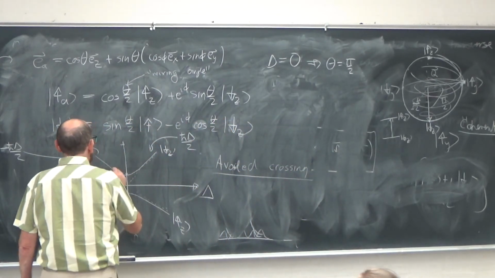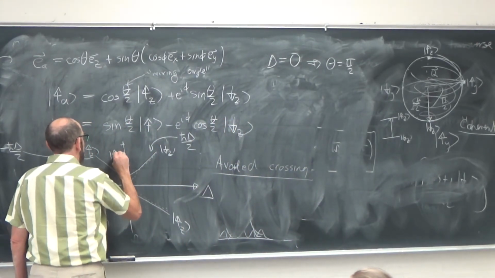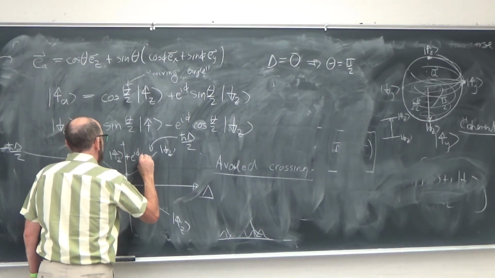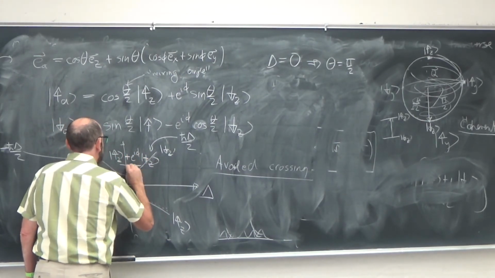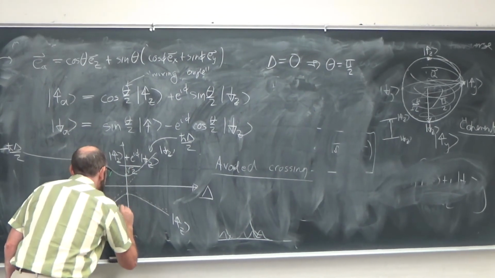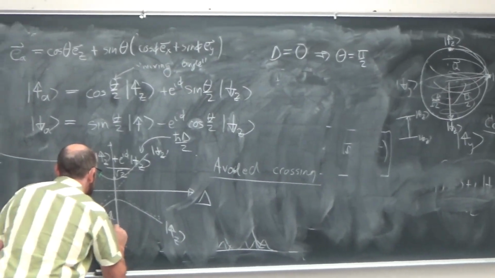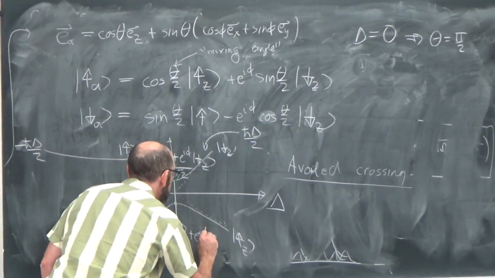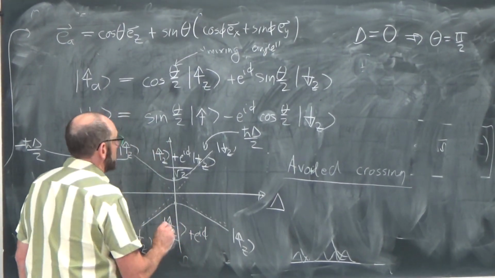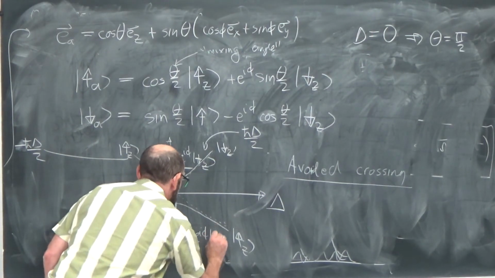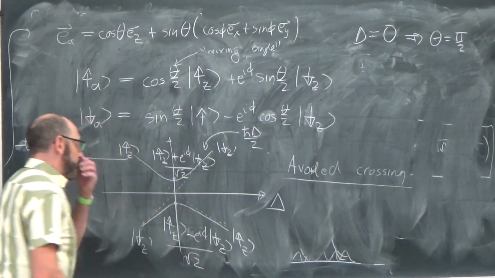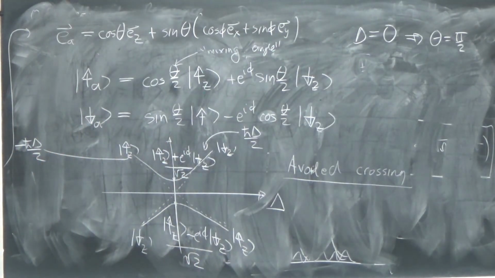So what I have in that case is an equal superposition of spin up and spin down, but with a phase that's determined by the phase of the driving field, relative to whatever I call 0 to begin with. When the phase is 0, it's a symmetric and antisymmetric superposition of those two states.